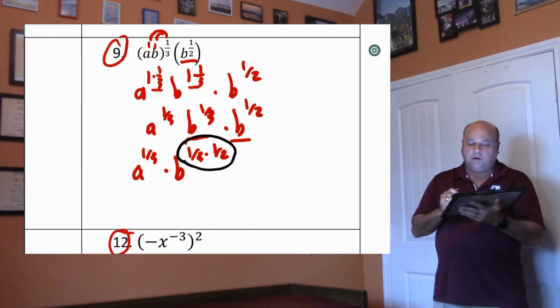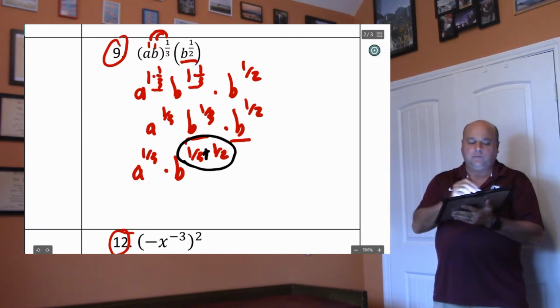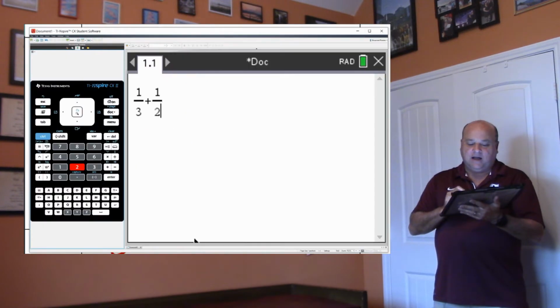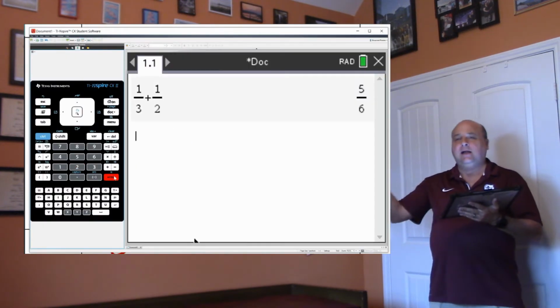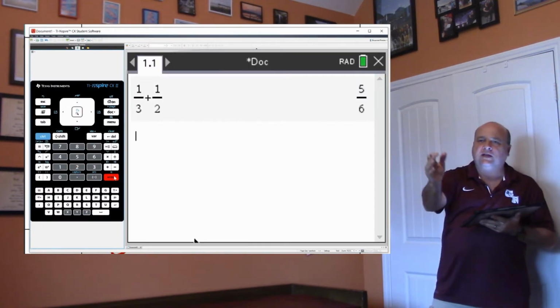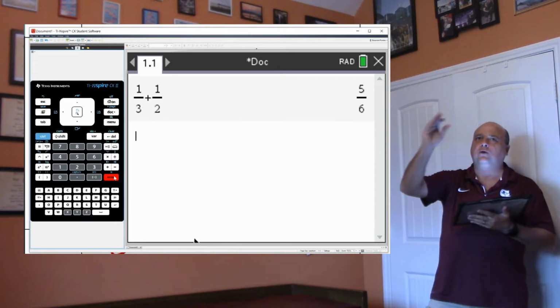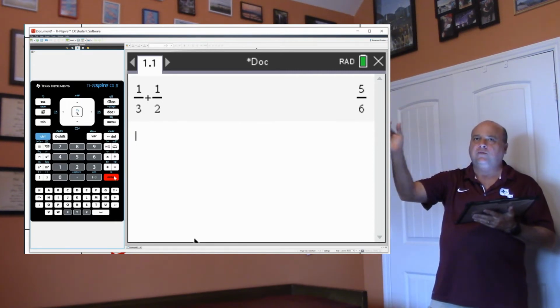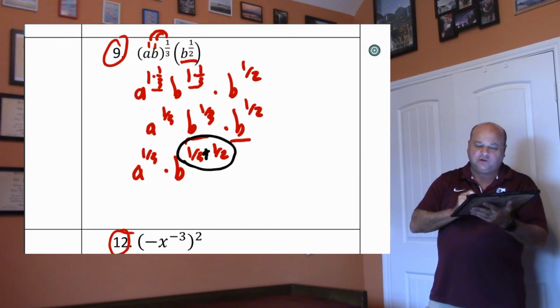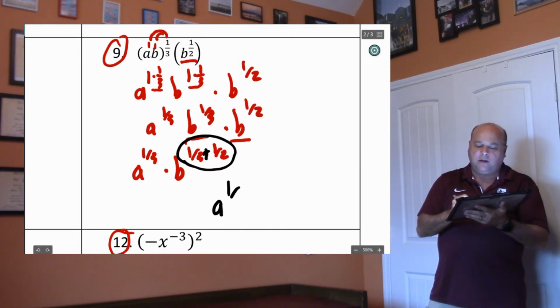So I have 1/3 plus 1/2, which is what I have right here, right? So I need to add those up, okay? And then if I hit enter, I get the 5/6. Use the calculator if you can't do the arithmetic with the exponents. So the answer is going to be a to the 1/3, b to the 5/6.